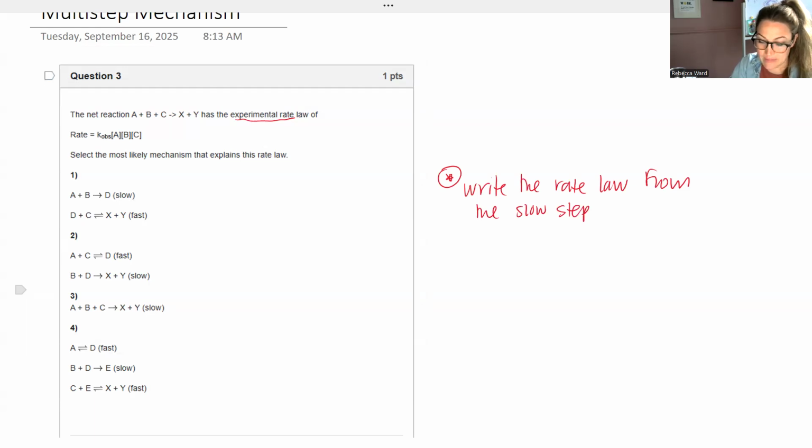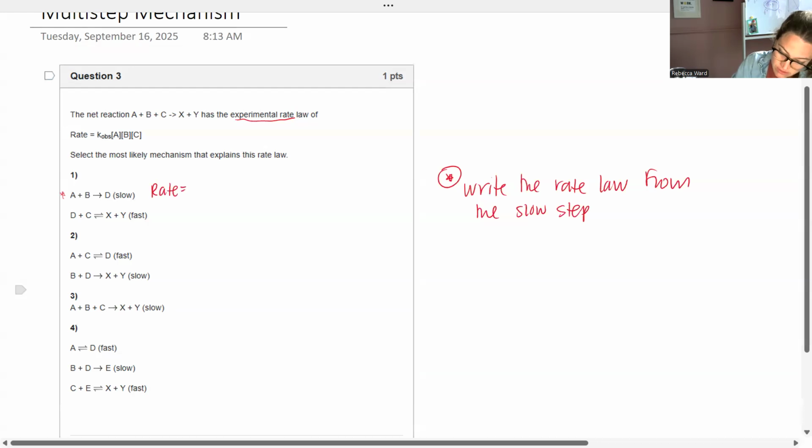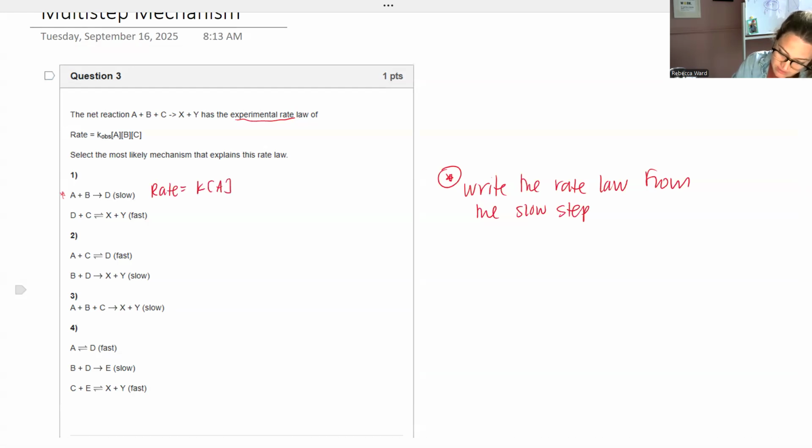I don't care about that fast step because it's not going to determine my rate. The rate will be dictated by how long it takes for A plus B to become D. So the rate law here is just K times A times B. We're done here. It's very easy when your slow step is the first step.